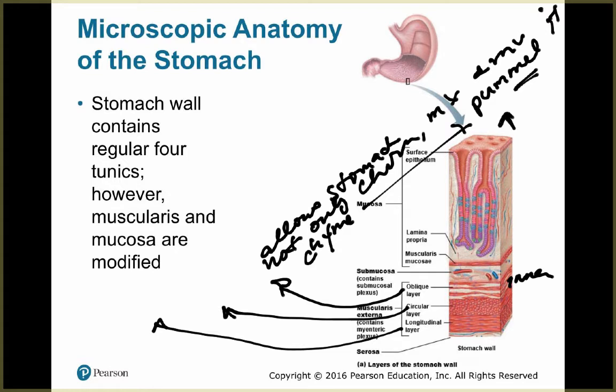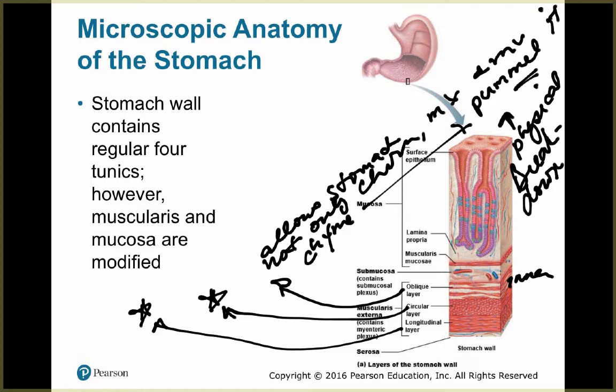So this increases physical breakdown. The other layers of the digestive tract just have these two layers, where the stomach has this oblique inner layer that helps.